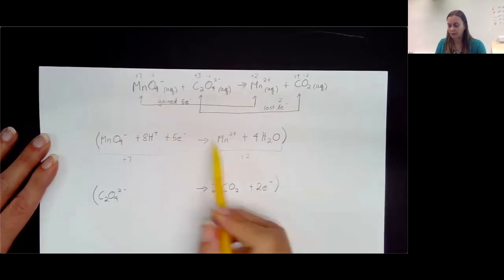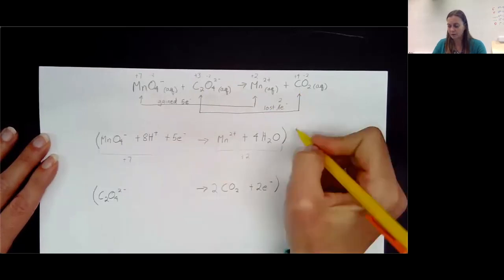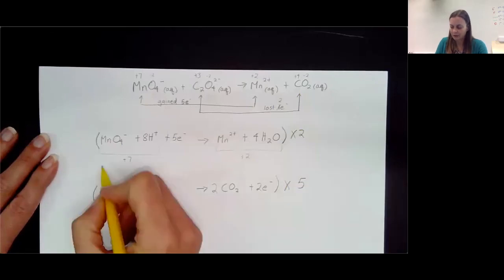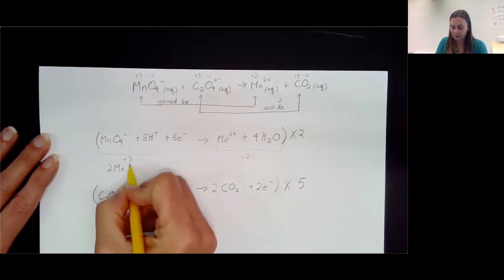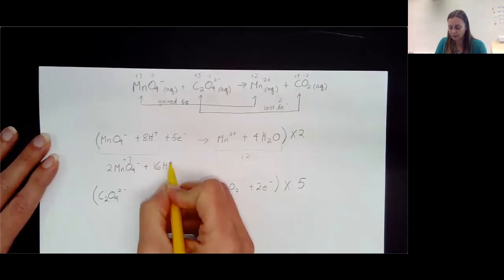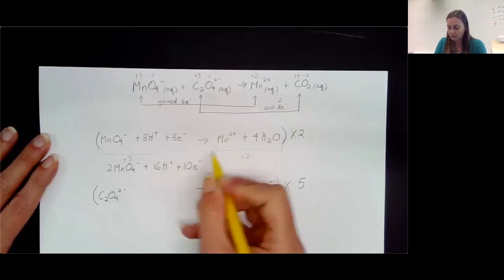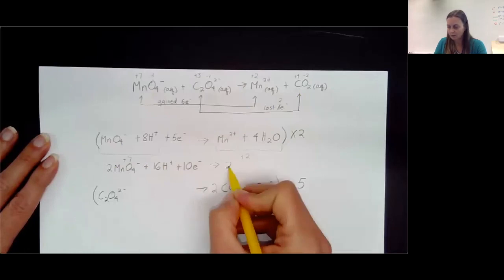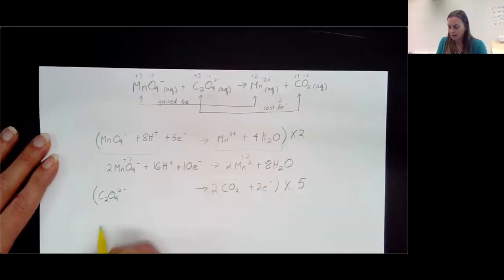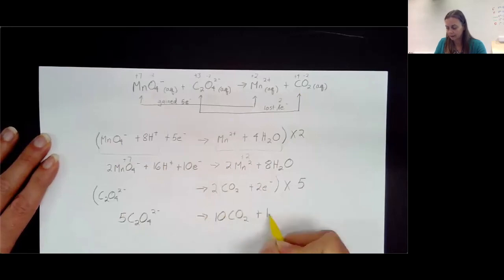Well, there's no common factor, so I need to multiply this by 2, and I need to multiply this by 5, and that's going to give me 2 permanganate ions plus 16 hydrogen ions plus 10 electrons yields 2 manganese 2 ions and 8 water molecules. And I have 5 oxalate ions forming 10 carbon dioxide molecules and 10 electrons.